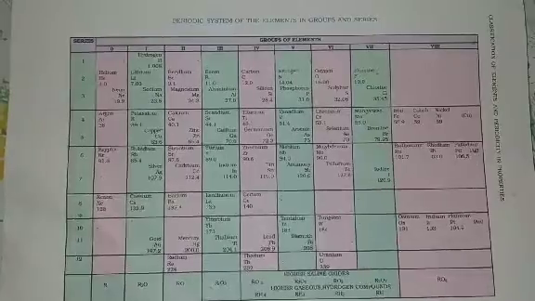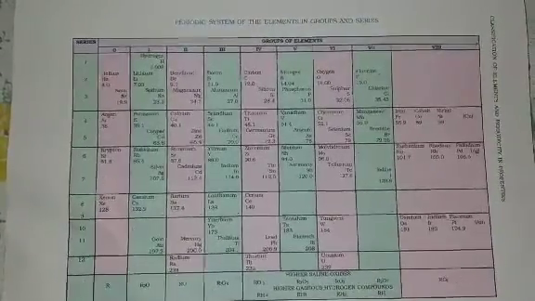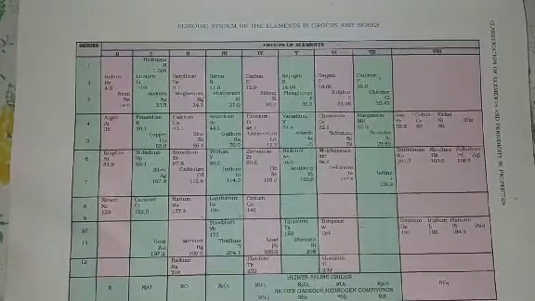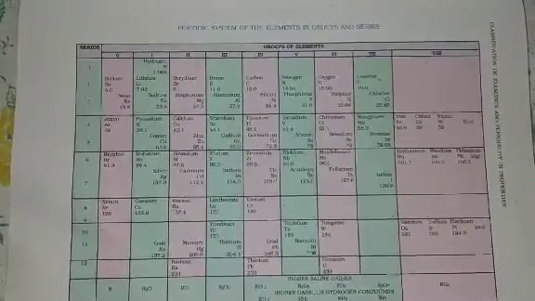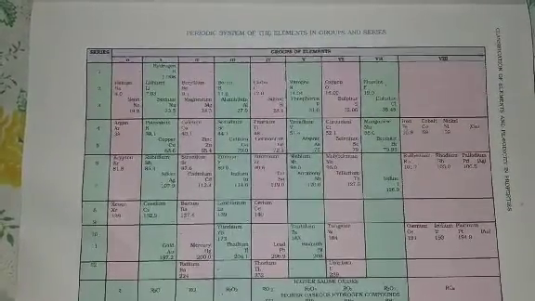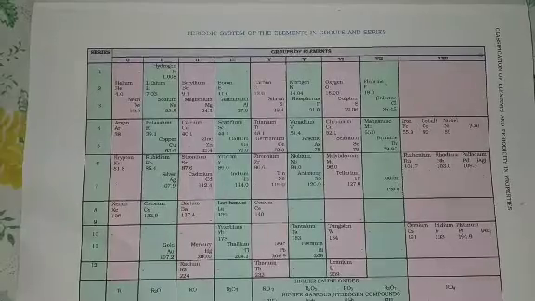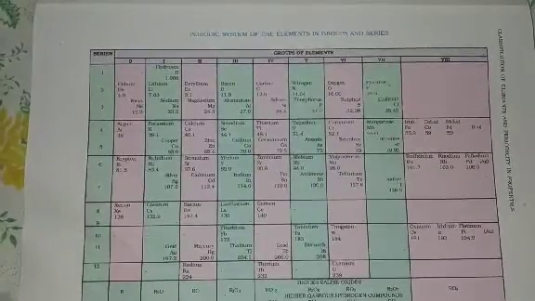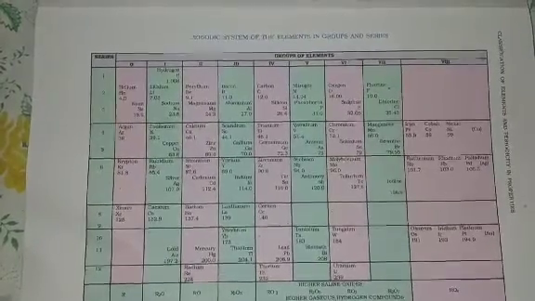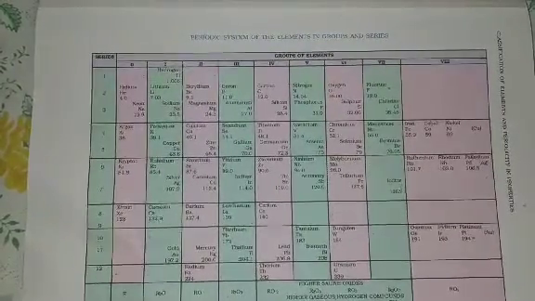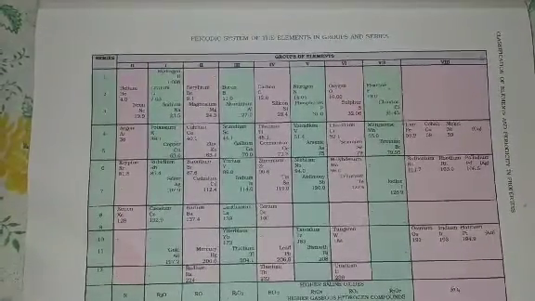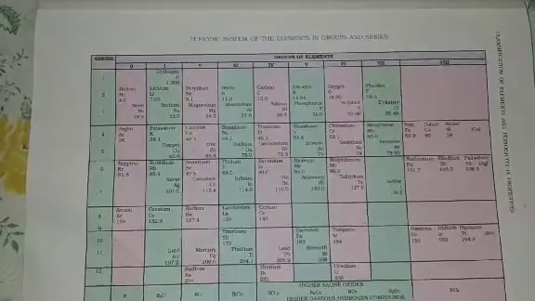Now Mendeleev said that if we arrange the elements according to their increasing atomic masses, we do find a periodicity, that is, after certain intervals, the properties of the elements are a repetition of the properties of the first one. But unlike Newlands' law, which said that the properties repeat after every eighth element, he said the periods are not fixed.